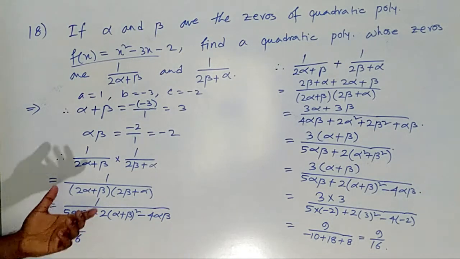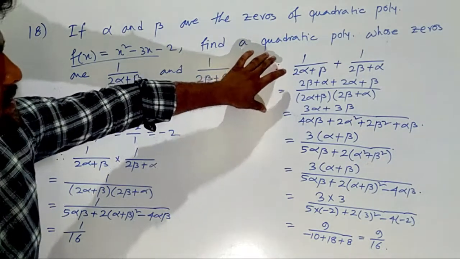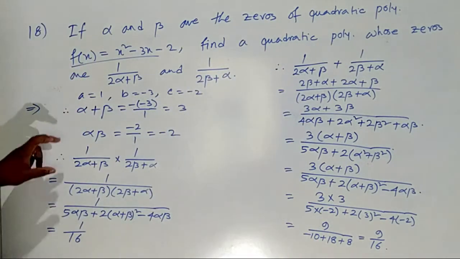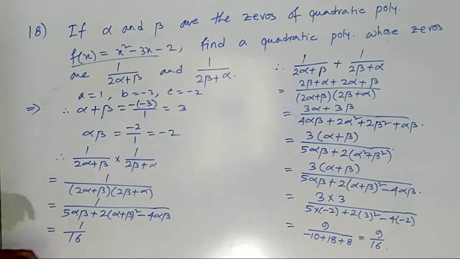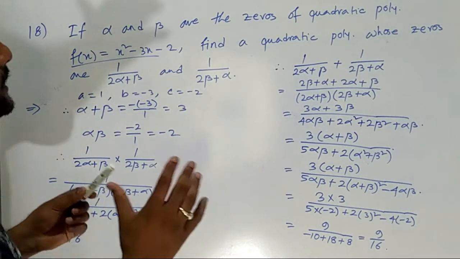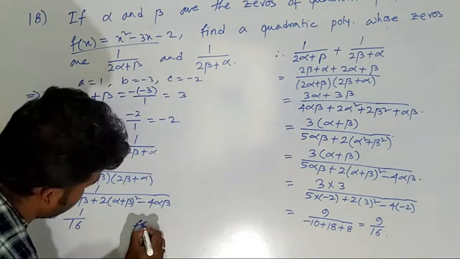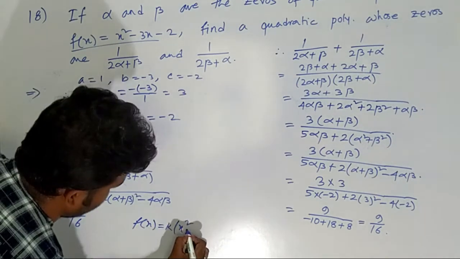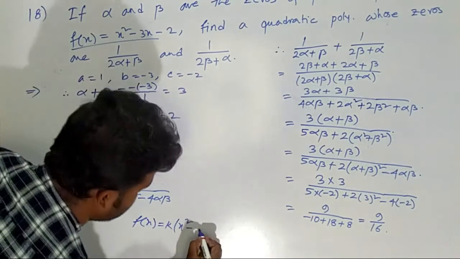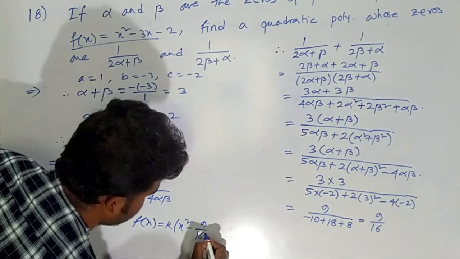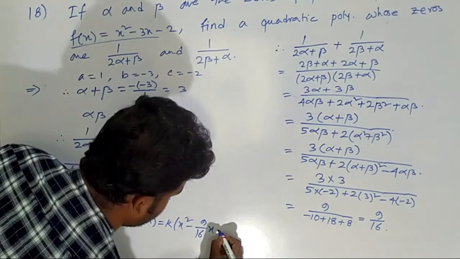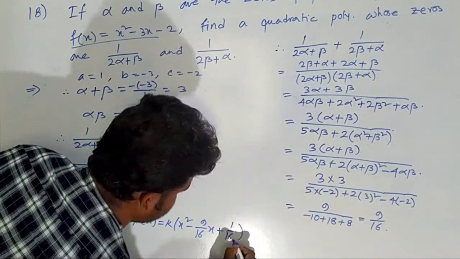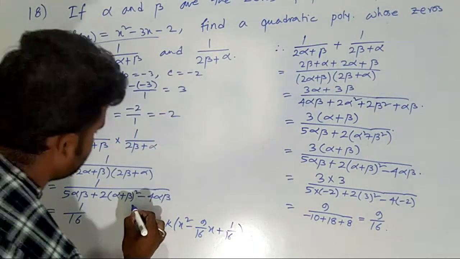That means the sum of the zeros is equal to 9 by 16 and the product of the zeros is equal to 1 by 16. So the required quadratic polynomial is f of x is equal to k of x square minus sum of the zeros, that is 9 by 16, of x plus 1 by 16. That's it. This is the answer.